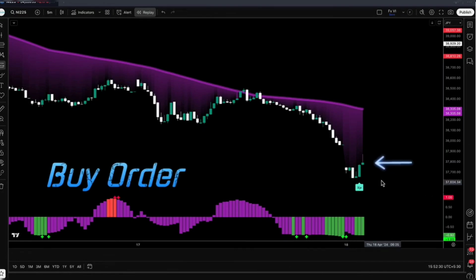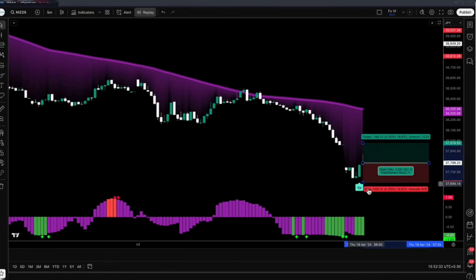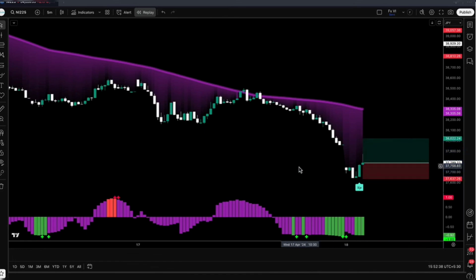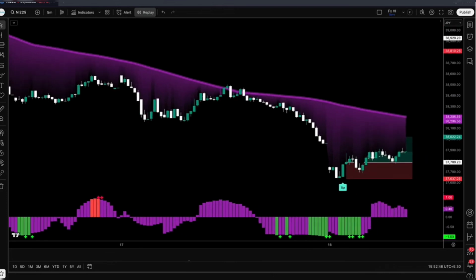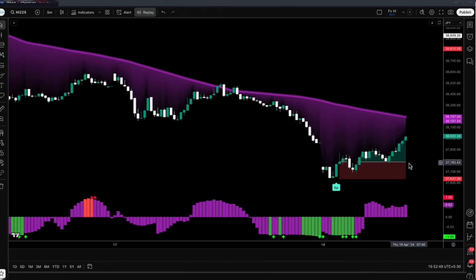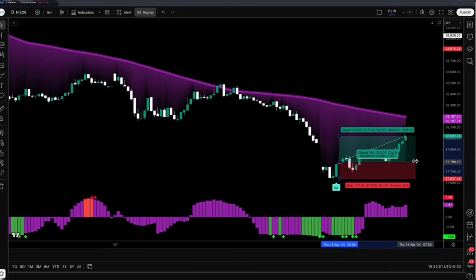All these conditions are met, so we will place a buy order. Our stop loss will be placed at the current market's lower level, and the risk to reward ratio will be 1 to 1.5. The market has completely hit the target.